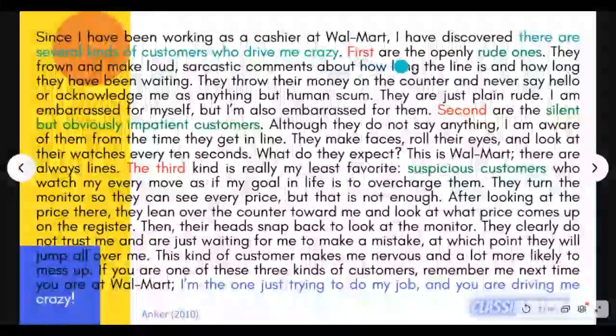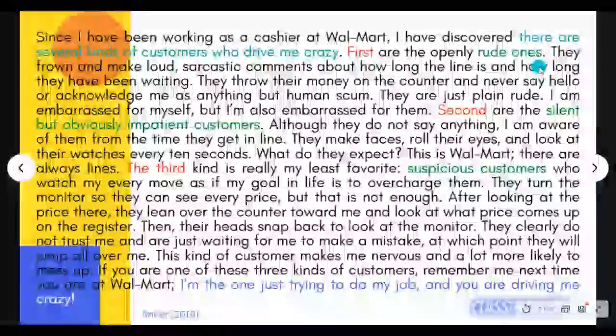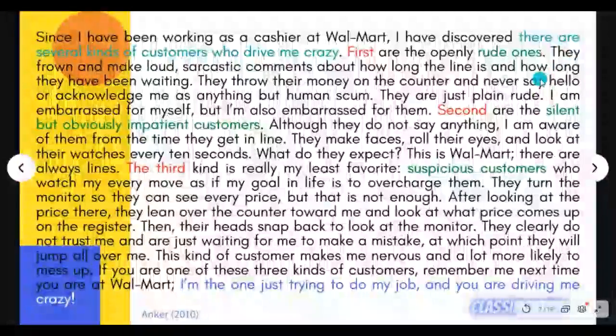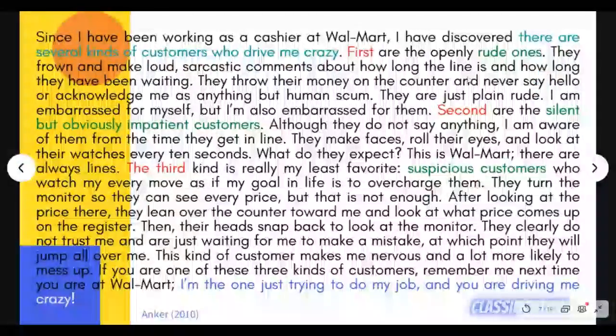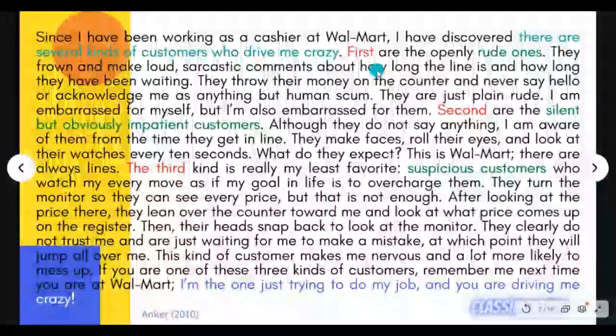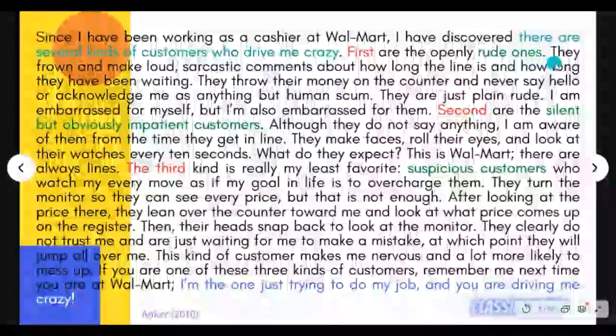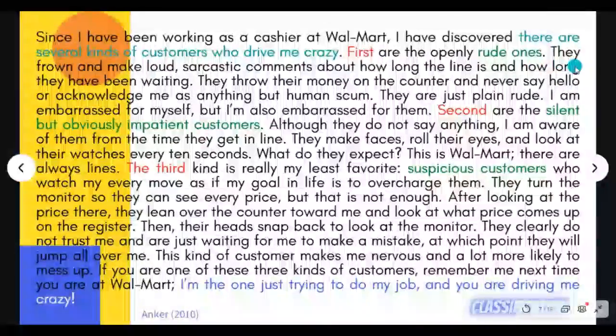Each of these supporting sentences is further broken down into details in the following sentences. For example, this is the first supporting sentence. First are the openly rude ones. What is the explanation of the rude ones? Let's see the details in the following sentences.